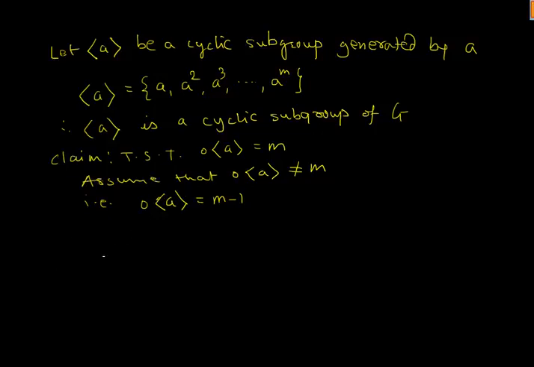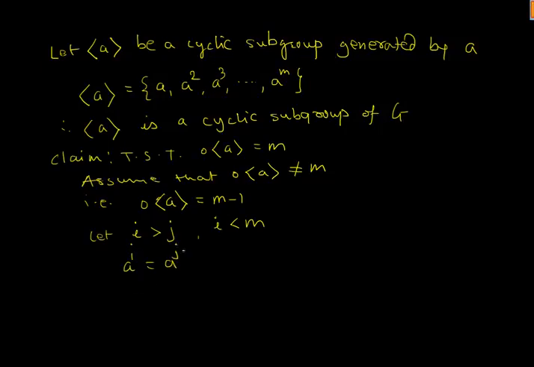So let i be less than j, and j, i and j are less than or equal to m. Since the order of this cyclic subgroup is m minus 1, any two elements having different powers give the same answer, and these different powers I am supposing are i and j. Okay, so I am supposing A to the power i is equal to A to the power j.